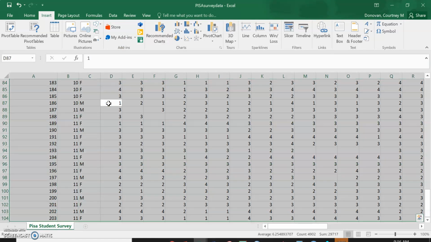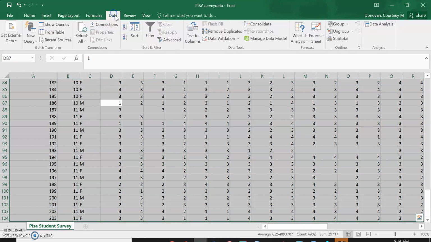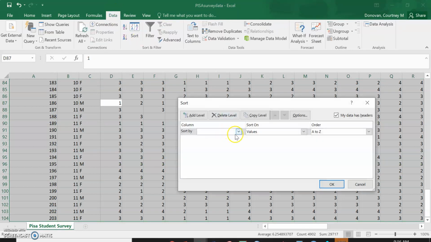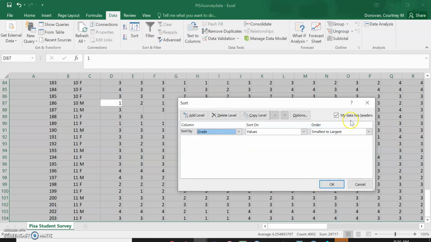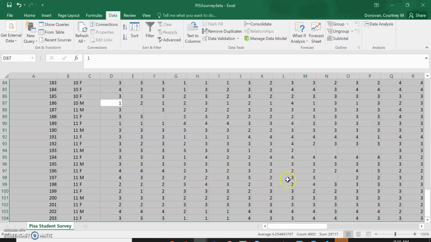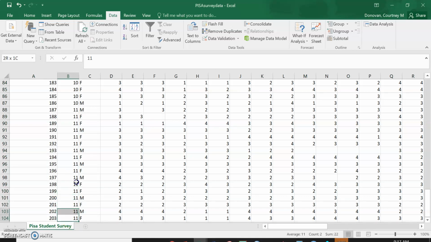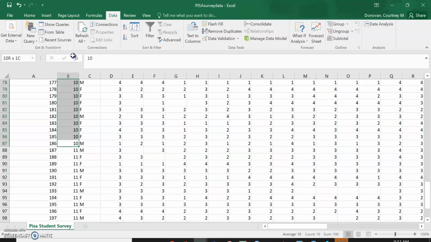So I'm going to select everything, go to Data, Sort. I have Grade. Again, I want to make sure that I have checked up here that my data has headers. Say OK. Everything is now sorted. Starting at the bottom, I can scroll up and see that I have 17 11th graders.